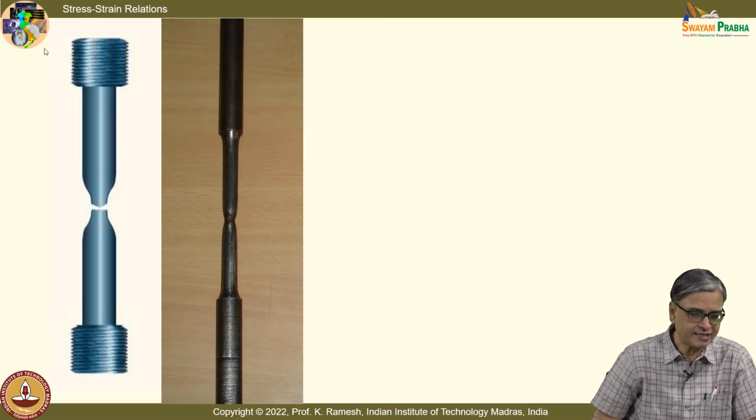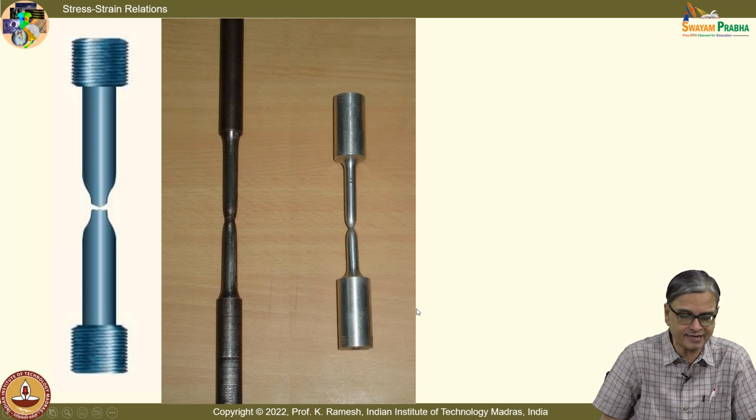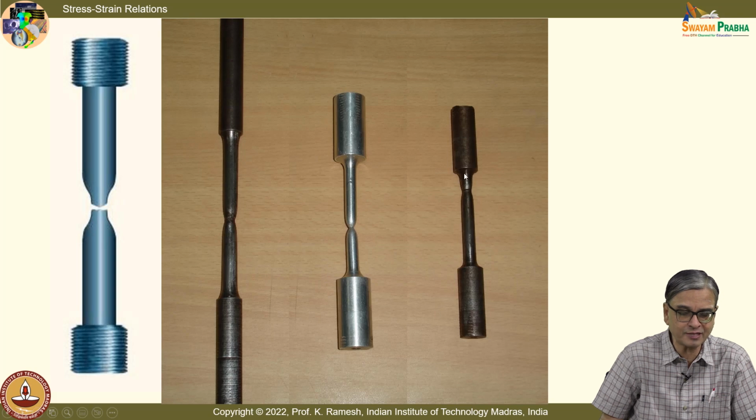And we have also seen necking. In the simulation, I have shown it exactly at the center. And when I take a circular rod and follow the ASTM standards, I got, for one specimen, necking exactly at the center. This is of aluminum, and this one is slightly shifted from the center. I have also picked up another specimen which is way off.